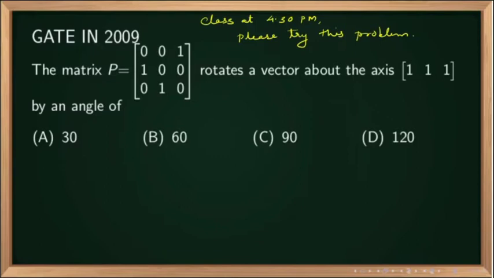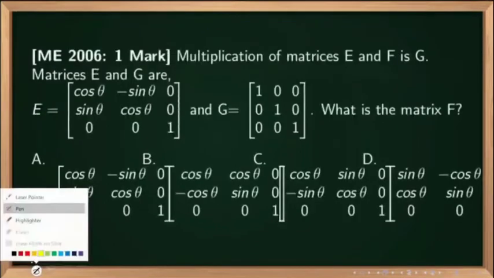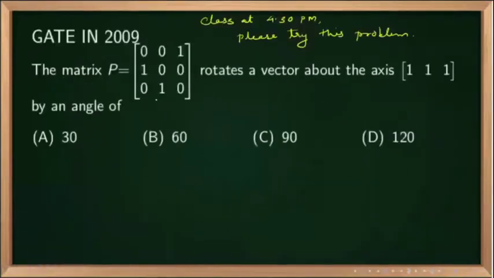So this particular matrix is actually a rotation matrix. If you are given any rotation matrix, then it rotates a vector about an axis. It simply means any vector which is perpendicular to this plane. For example, if I consider a vector in this particular direction, there is a plane perpendicular to that vector, correct?